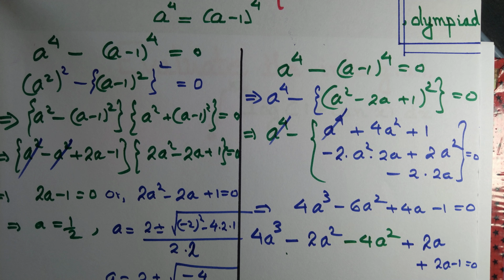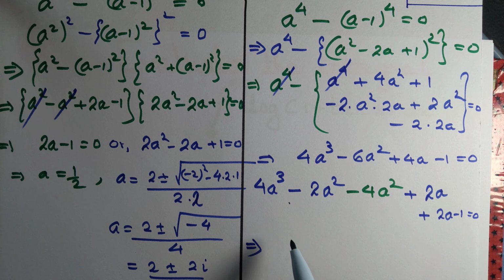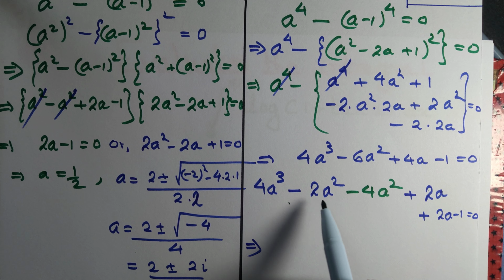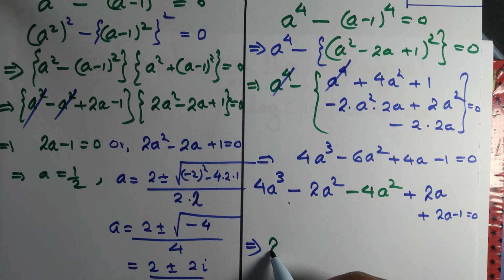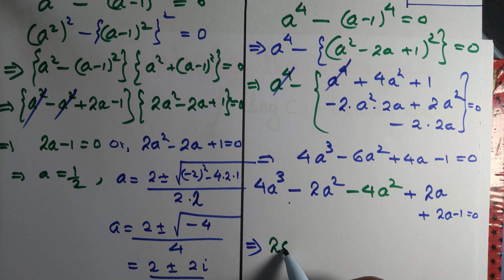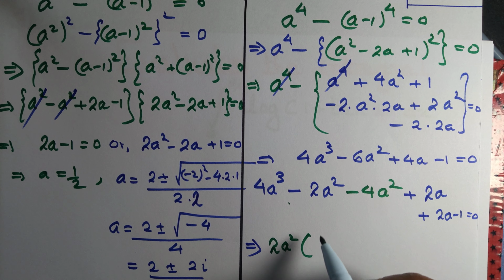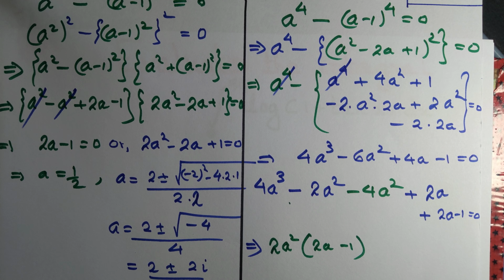This implies, once again, instead of taking a minus half, just take 2a square common, and you are left with 2a minus 1.